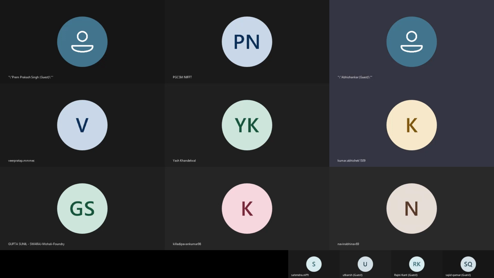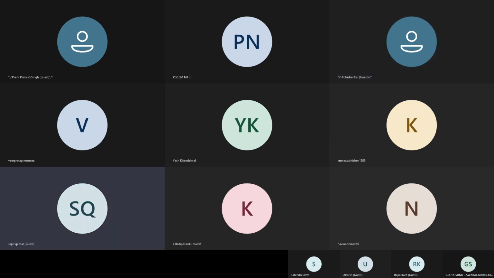Okay. So what is the use of the convolution layer? To classify the images. Now what is this convolution doing? Convolution is reducing the number of parameters.